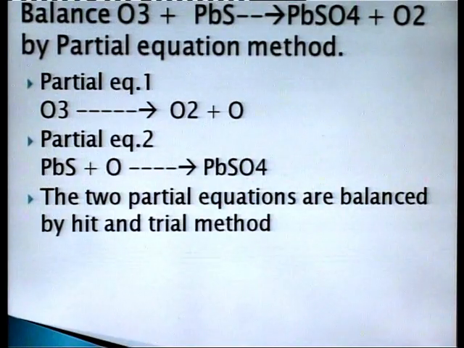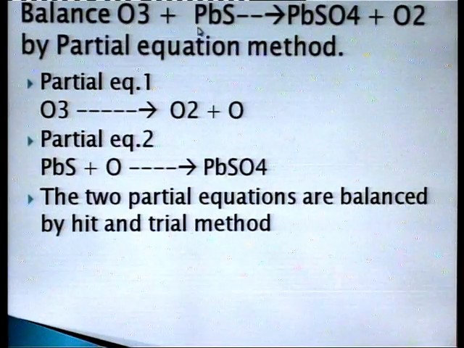Now let us balance the second equation, that is O3 plus PbS changing into PbSO4 plus O2 by partial equation method. Again, this equation is to be changed into simple equations which are known as partial equations, as we have already discussed.